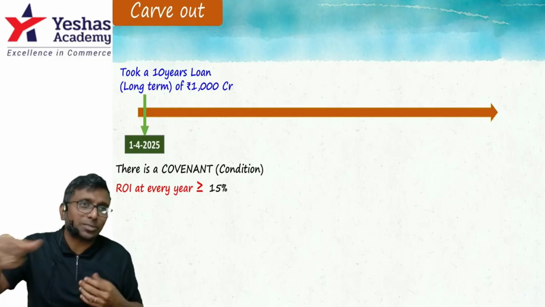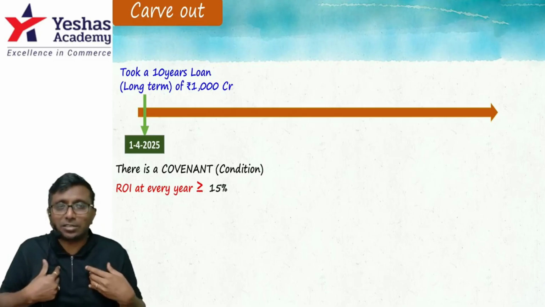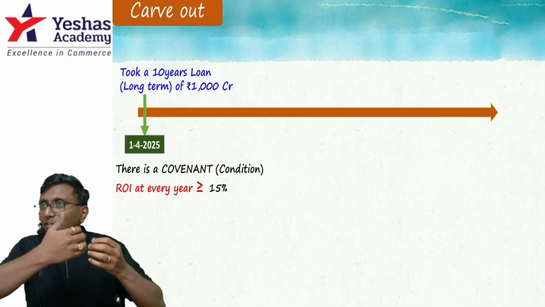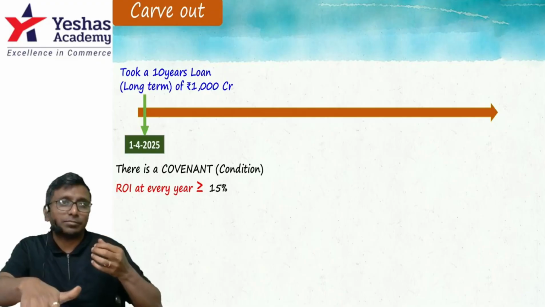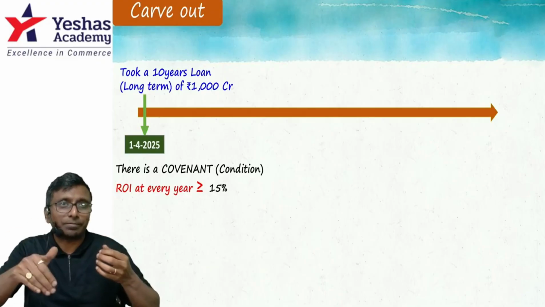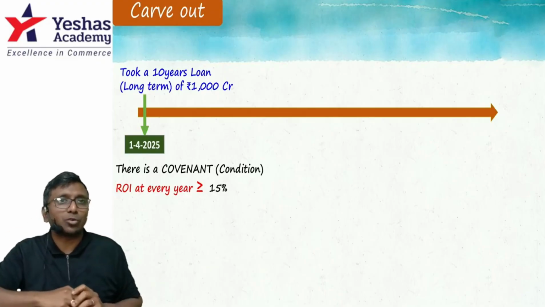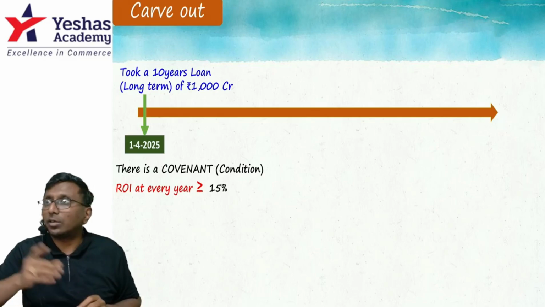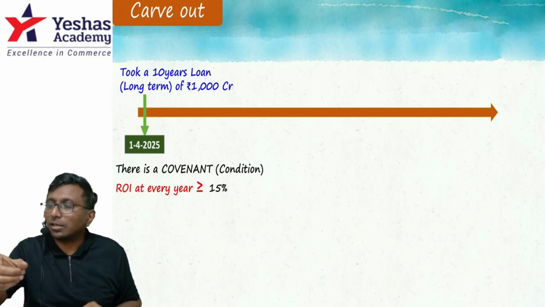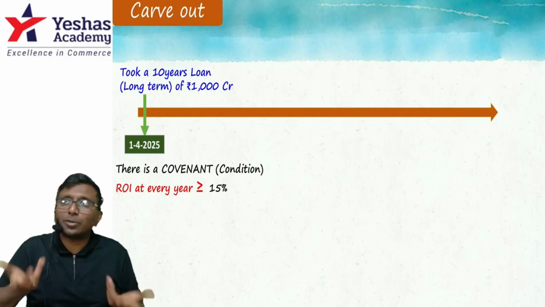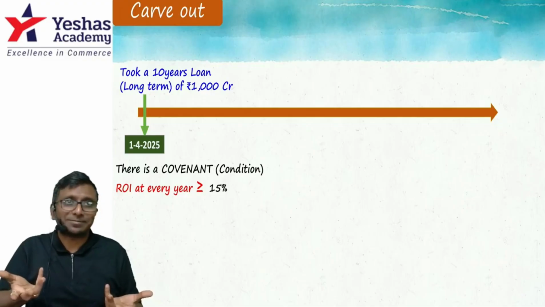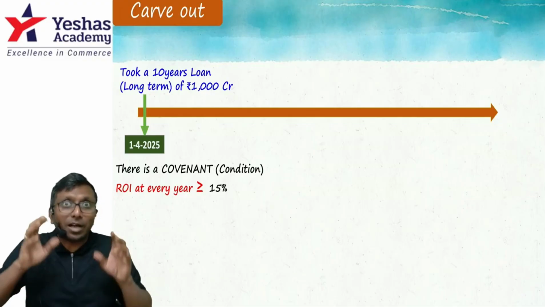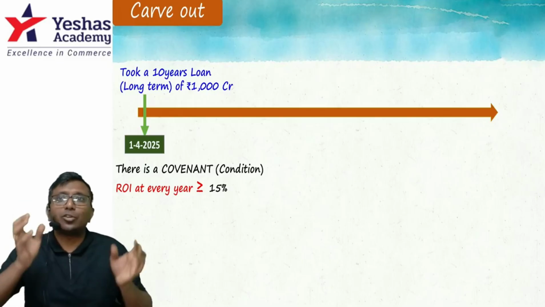Then you will get a right to ask me after 10 years. Suppose if my company is going down, down, down, now you will come and ask, your company is going down, so you pay me. What did I tell you already? After 10 years. But if I come after 10 years, the company may not be there. You got my point? Because it's long term and a huge amount.